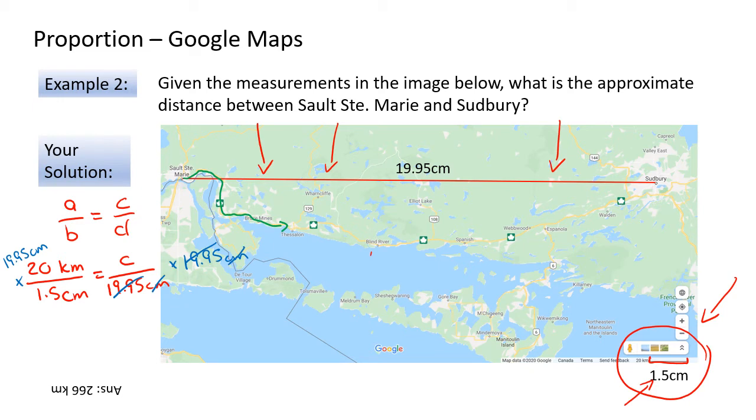On the left side, just the centimeter units cancel. So the only units we have left are kilometers. If you multiply that out, you end up with a value of C equal to 19.95 times 20 divided by 1.5, which is approximately 266 kilometers.